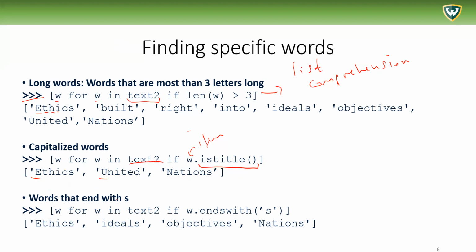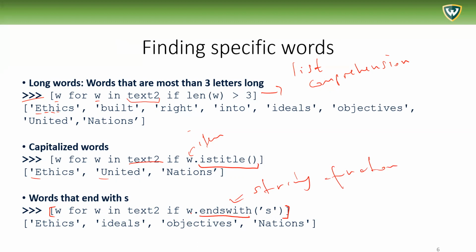So words that end with S, same idea. Once you see the square brackets in a piece of code like this, unless it's regex, it's list comprehension. So item for item in text2 if and only if the item ends with, and ends with is another function. These are all string functions of Python and only apply to strings.